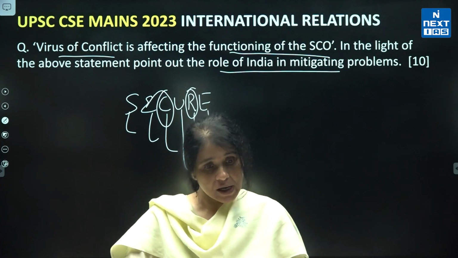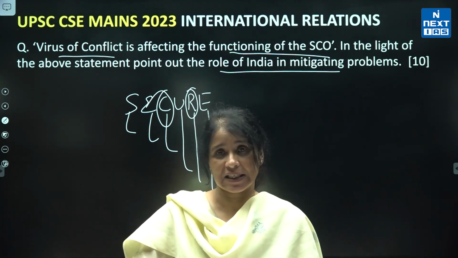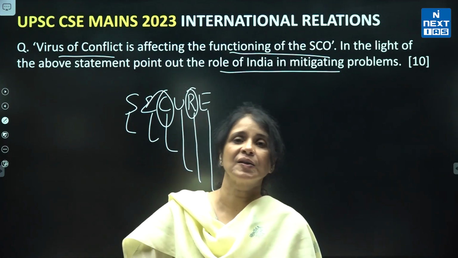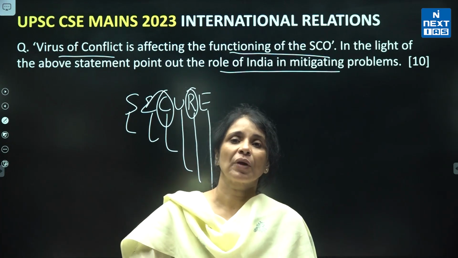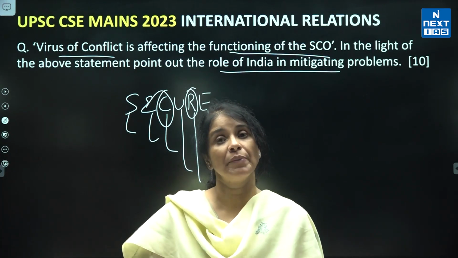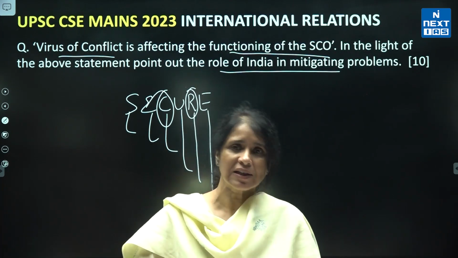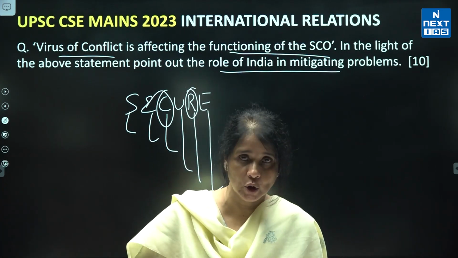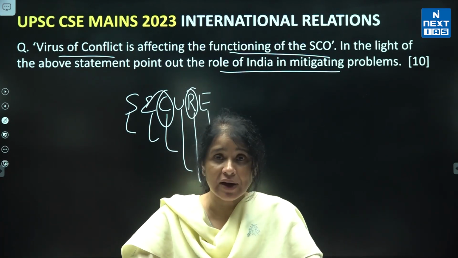We can seriously work towards strengthening RATS, the Regional Anti-Terrorist Structure, which is dedicatedly working against terrorism in the group. India can play a major role here, because this is hampering development and building trust issues between the countries in the group.